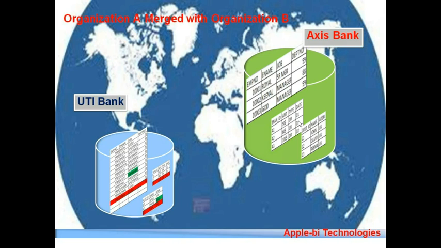Because of globalization, nobody is starting new businesses in any area. Rather, they are buying existing companies. In the same way, Axis Bank came to India and bought UTI Bank. This is called merger, acquisition, takeover, whatever you call it.